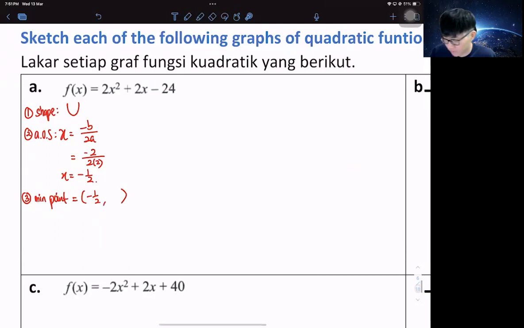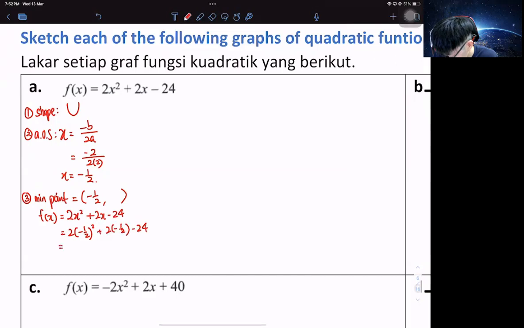Yeah, okay. This part, press calculator.